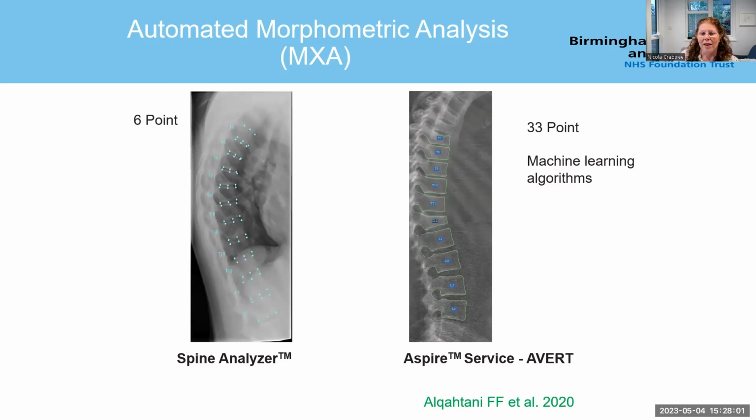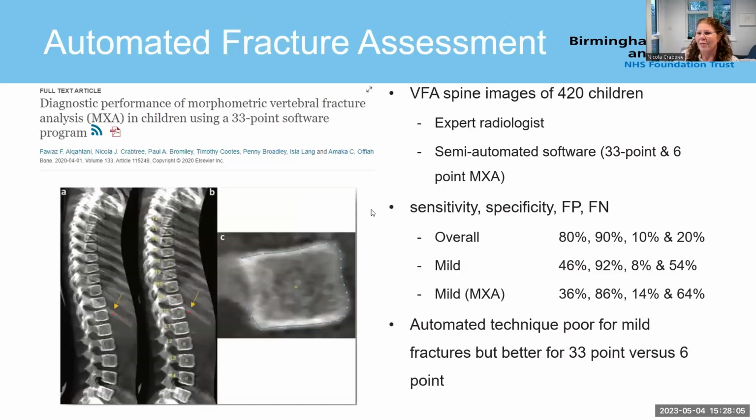And the group in Sheffield did some work trying to validate this. We can see here they took 420 images from VFA scans, and they used an expert radiologist to score all of the DEXA scans. They also used the 33-point and the 6-point automated techniques.